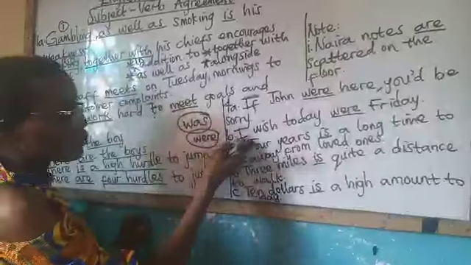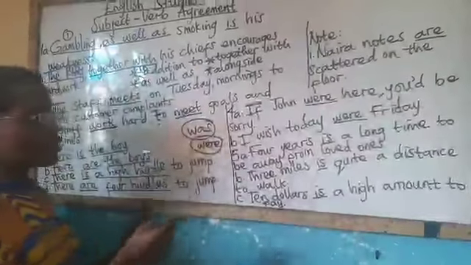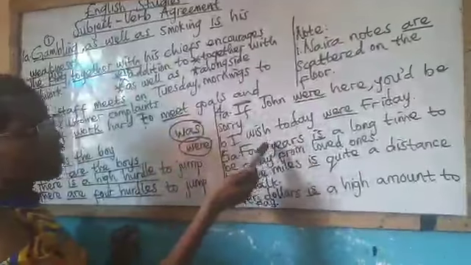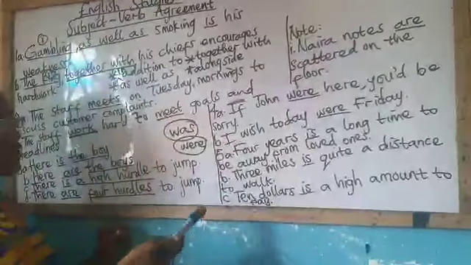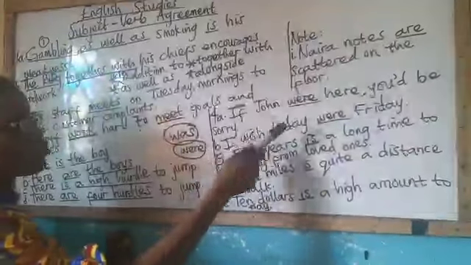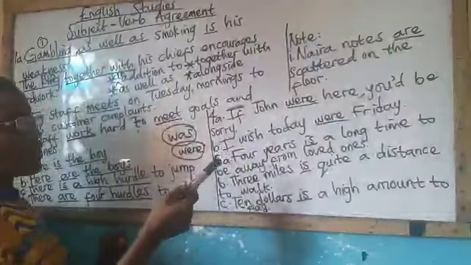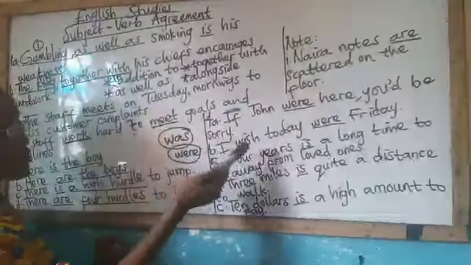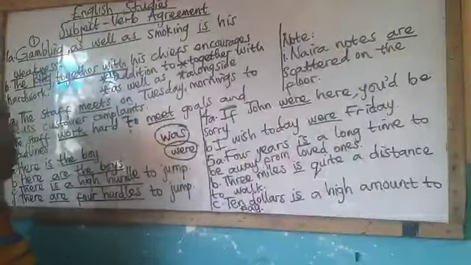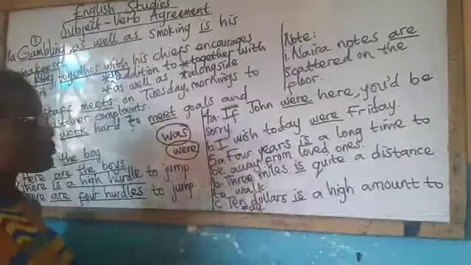In the second example, we are trying to express a wish. And so it would be wrong to use was, because wishes are also in the subjunctive mood. So we have examples like, if John were here, you'd be sorry, and not if John was here. I wish today were Friday, and not I wish today was Friday, because you're trying to express a wish which falls in the subjunctive mood.